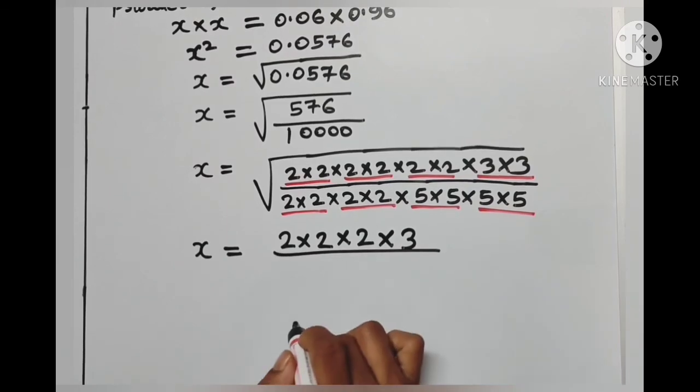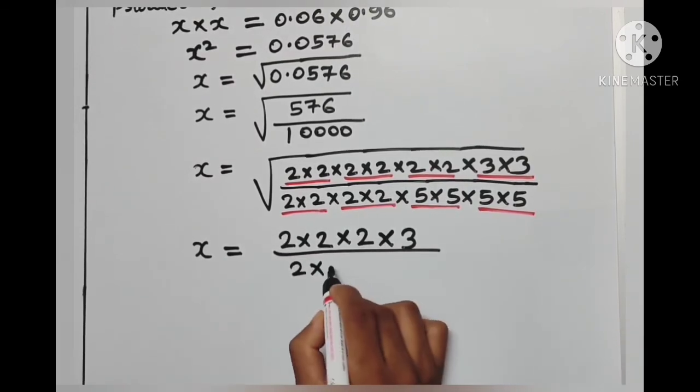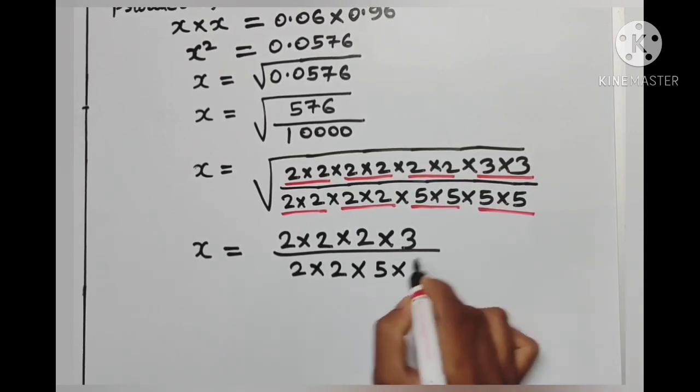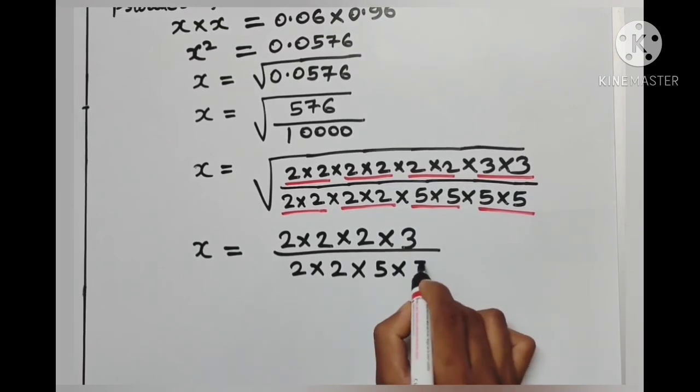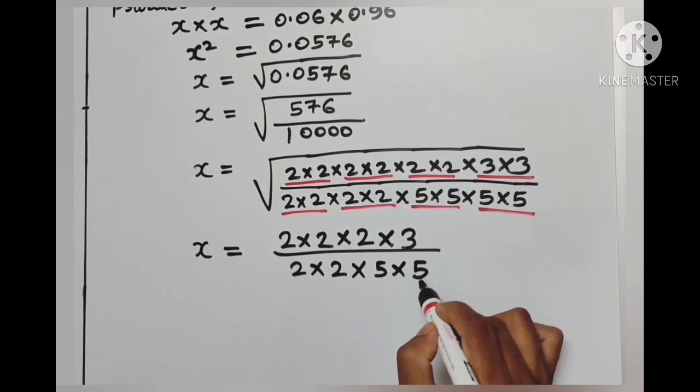Now in the denominator, for this pair 2, for this it is also 2, for this 5, and for this pair 5 I am going to write only one time. Only one time. Clear?